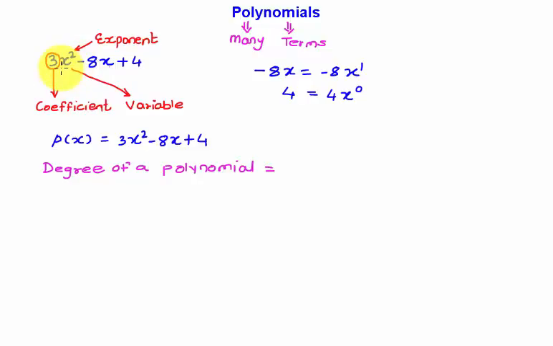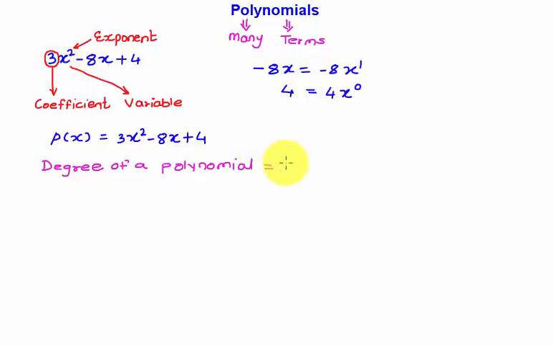Hence 2 is called the degree of the polynomial. So the degree of the polynomial is the highest power of the variable in the polynomial.